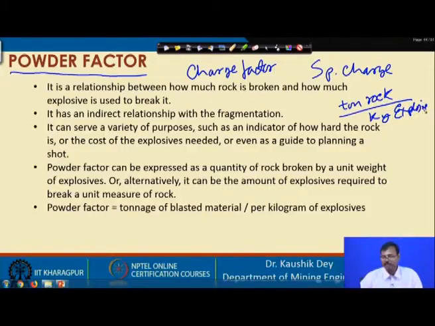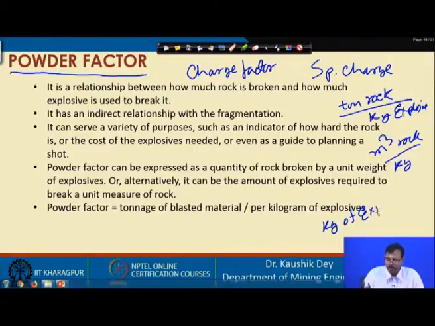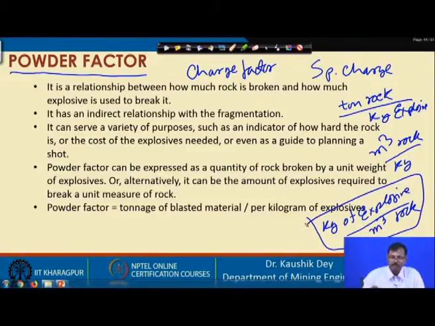In some cases it is also expressed as cubic meters of rock produced per kg of explosive, or in the reverse way, as the kg of explosive required to excavate 1 cubic meter of rock. Whatever it is, basically the idea is the same.